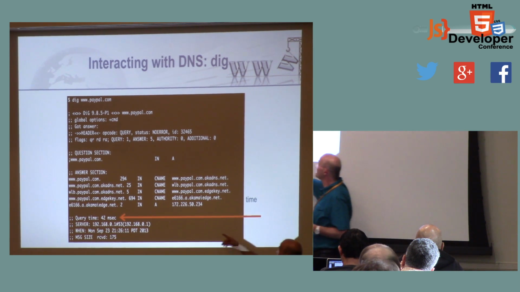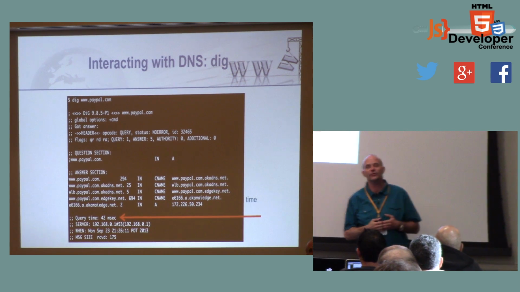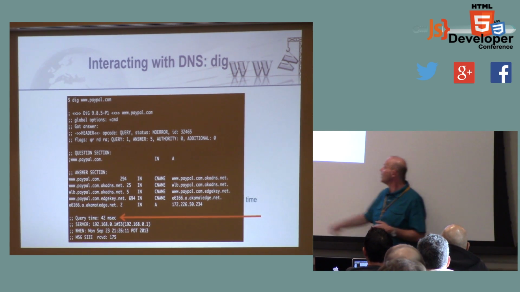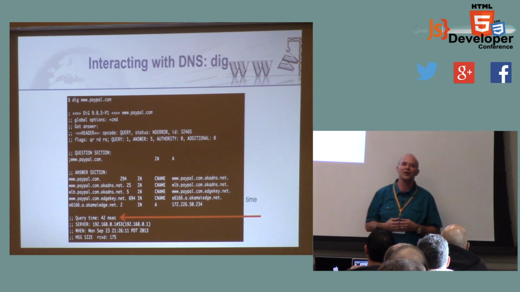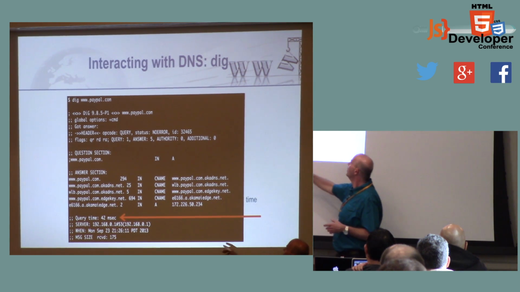In this case, the DNS time was about 42 milliseconds, and from that right there, just because it was so close to the fastest possible value, you can guess that I was sitting in the PayPal headquarters when I did this test, and it was pretty much as fast as it could possibly get. Because if I go to my home, where I have very nice, fast, super optimized network, right?